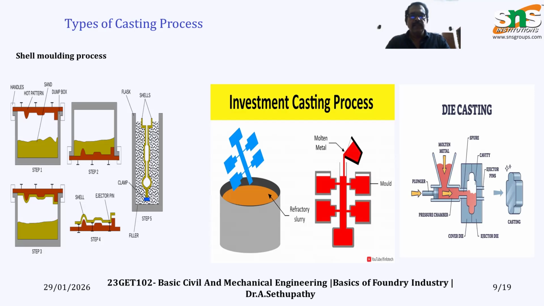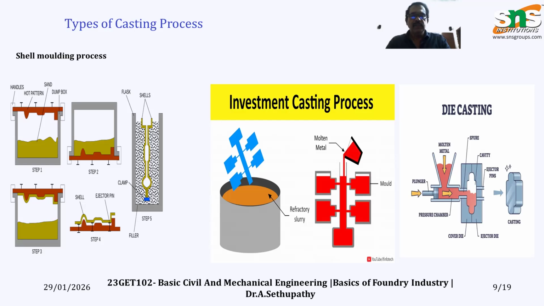The pattern is placed on the top side of the box, and the box is closed at the bottom. Inside the box, we fill sand mixed with resin, in a proportional ratio.